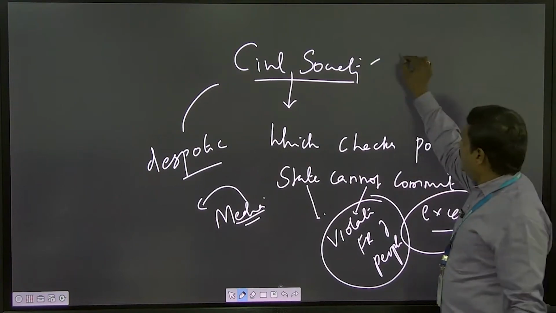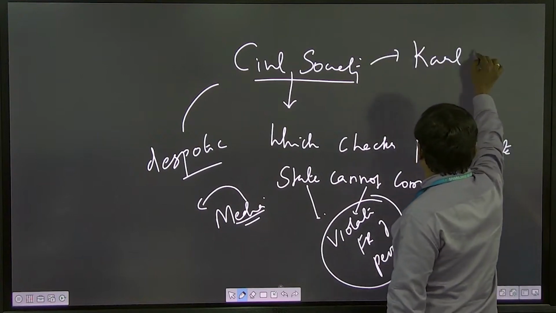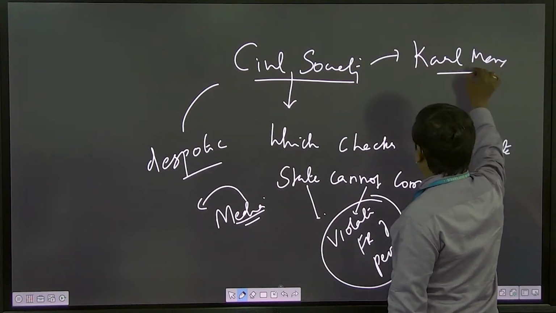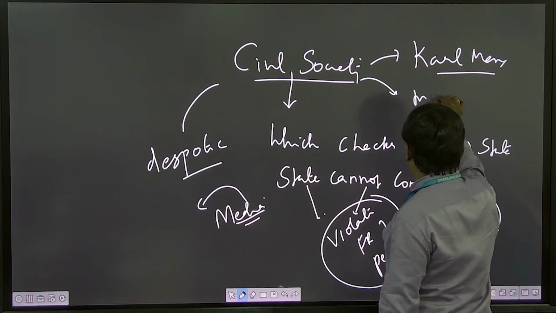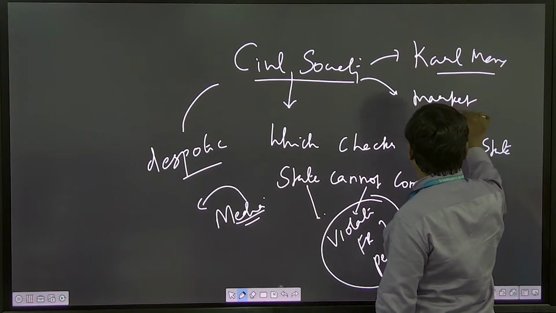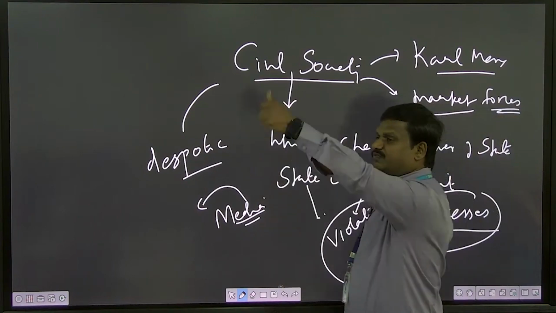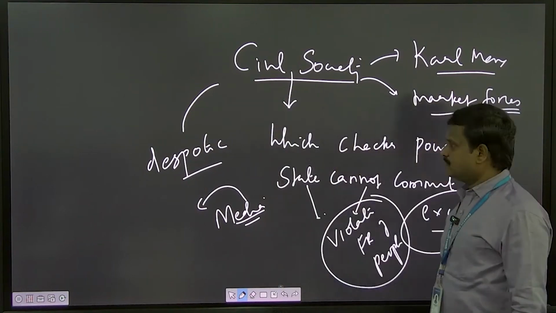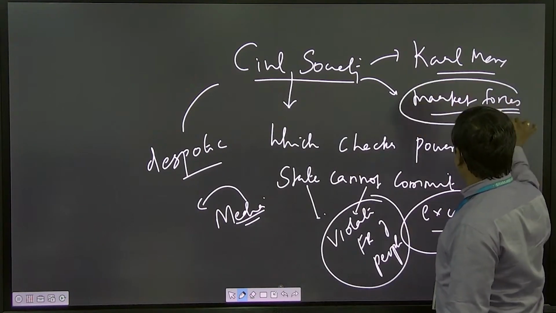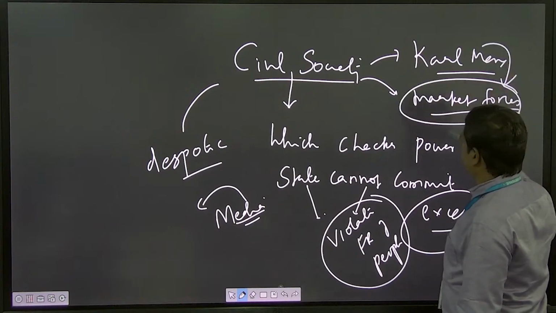Okay, Karl Marx, one legendary scholar, refers to civil society as market forces which operate independent of the state. So for Karl Marx, market force is civil society.